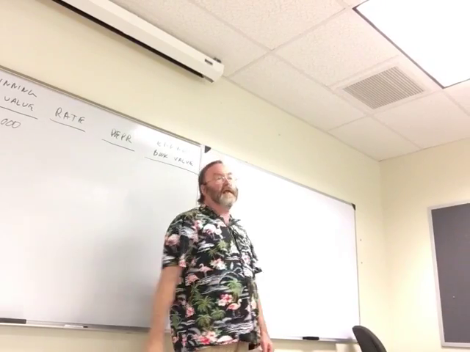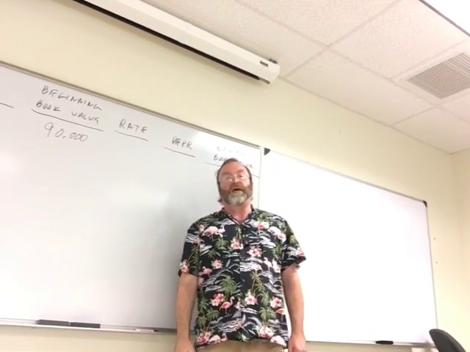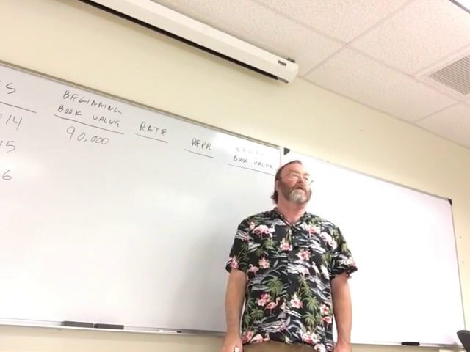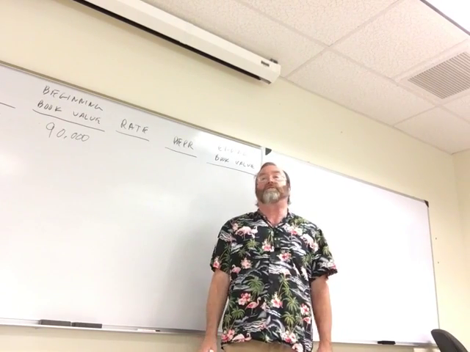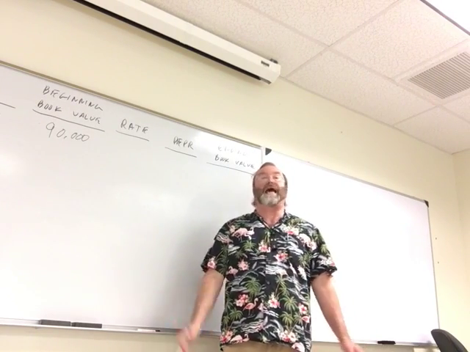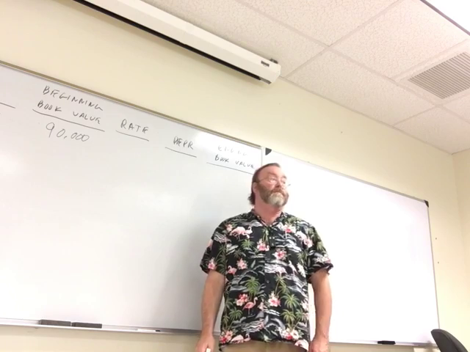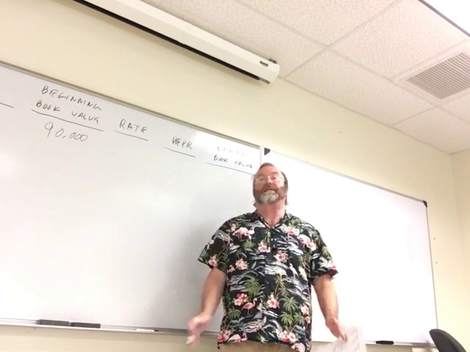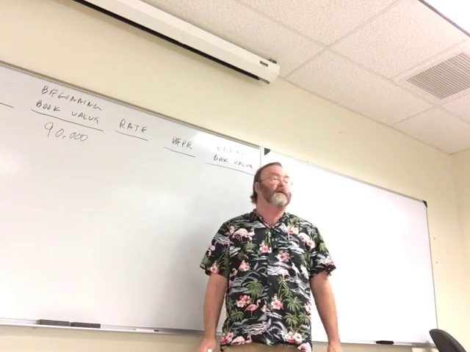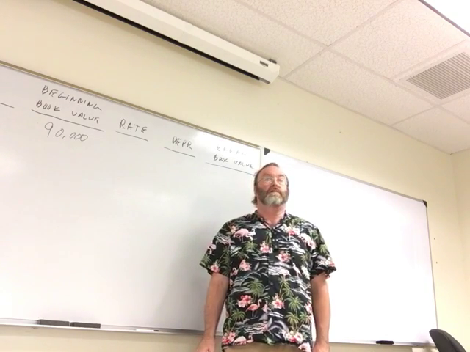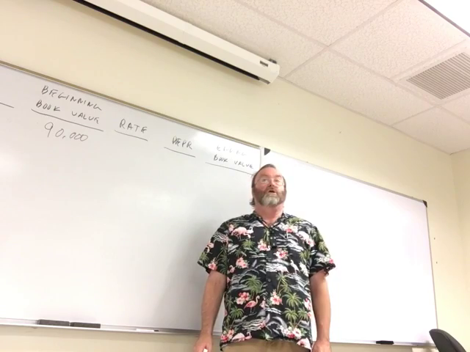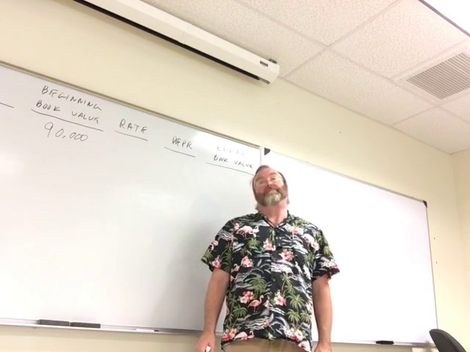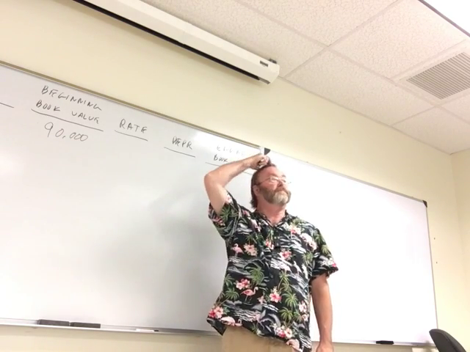So for double declining, the book value at the beginning of year 2014 is the full $90,000 that we paid for it. That's the original cost of $90,000 minus 0 accumulated depreciation. So what's the straight line rate for a 3-year property?